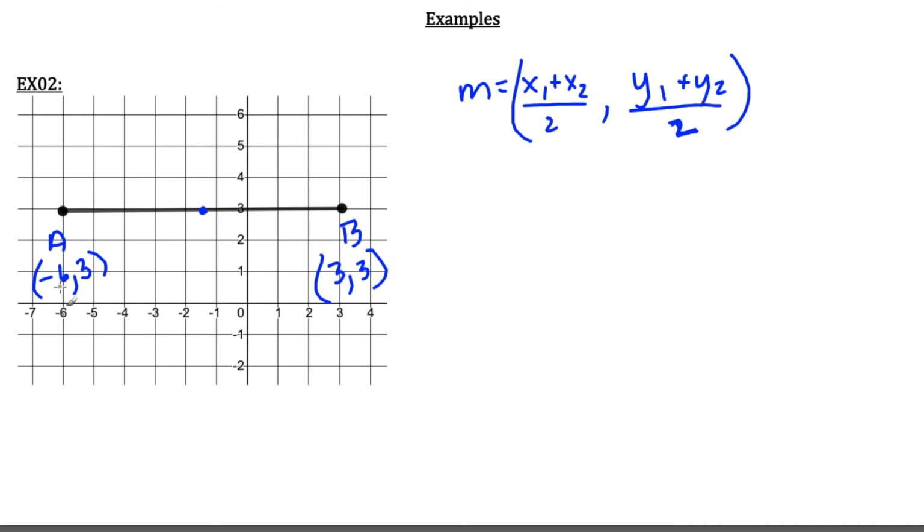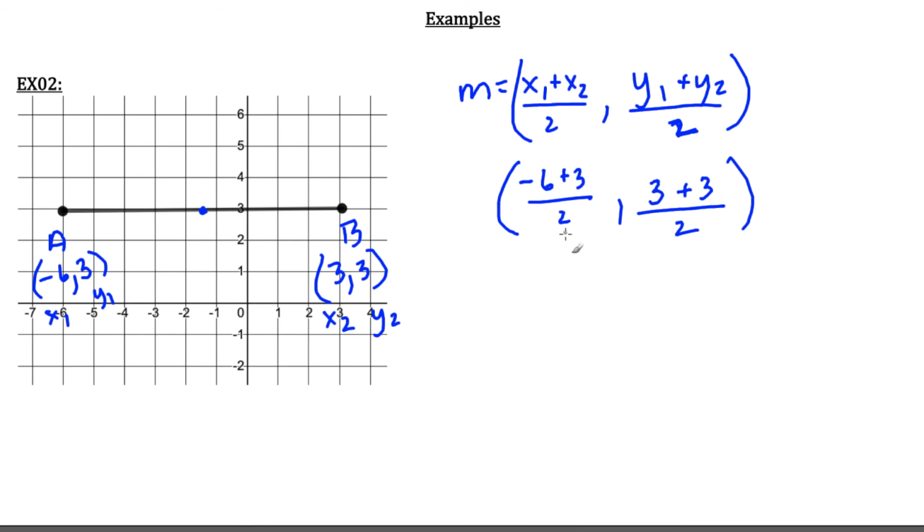Okay, so x1 is here, y1 is here, x2 is here, y2 is here. So -6 plus 3 divided by 2. And 3 plus 3 divided by 2.